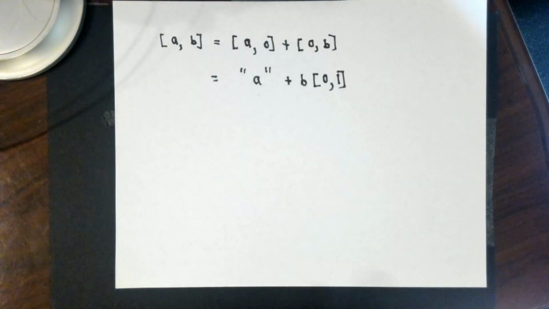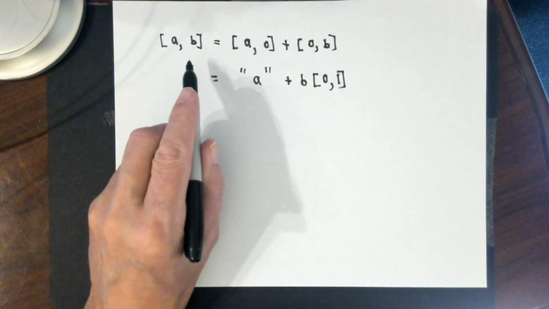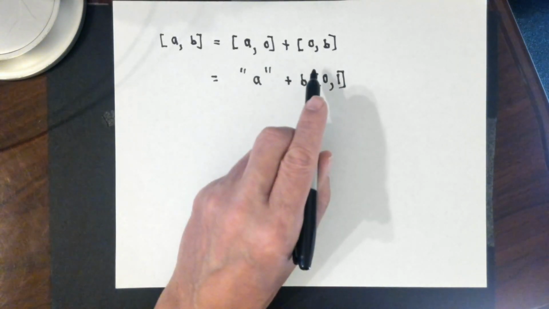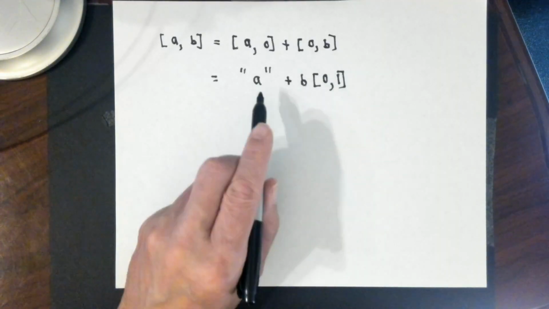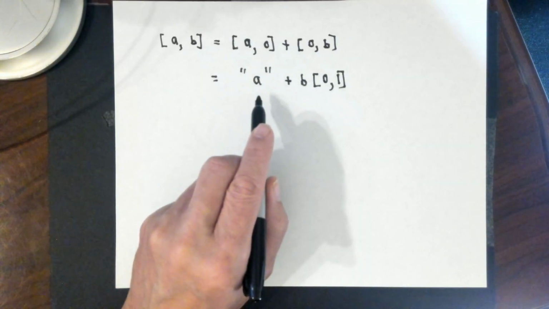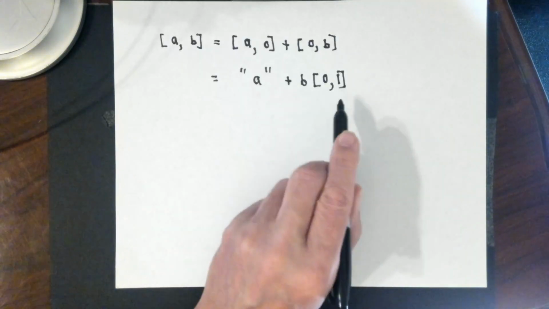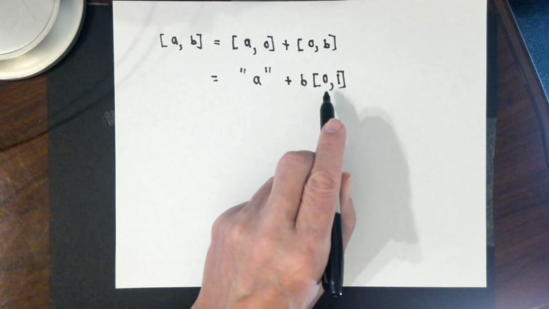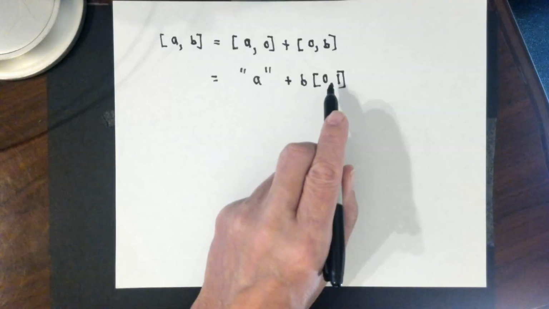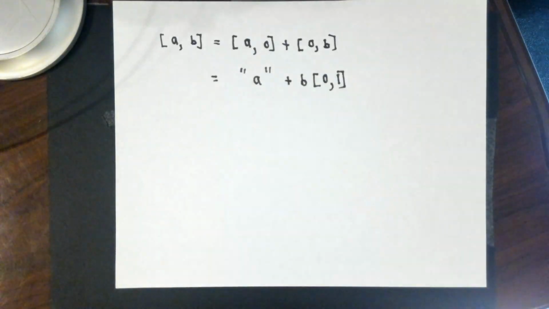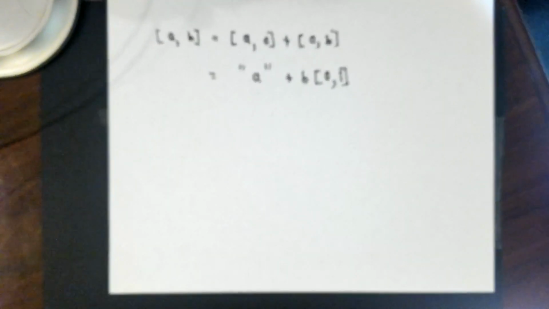In view of the way we add these bracket quantities together, I can write bracket AB as bracket A comma 0 plus bracket 0 comma B, and we've made an agreement with ourselves that when we see these sort of things, we'll just think of them as being real numbers. These things have a non-zero thing in the second position rather than the first, so this bracket 0, 1 is not one of these real numbers, not even in our association way of thinking about it.